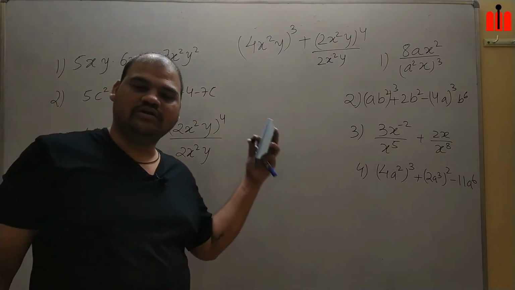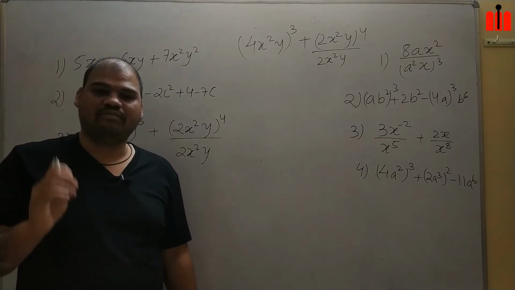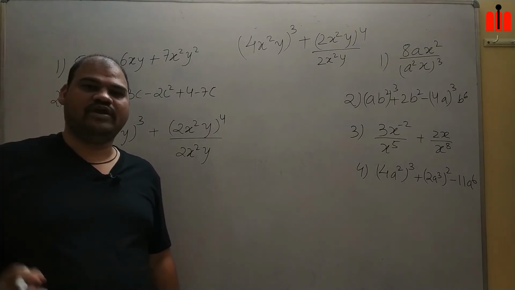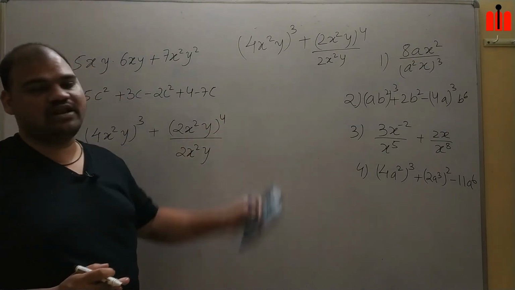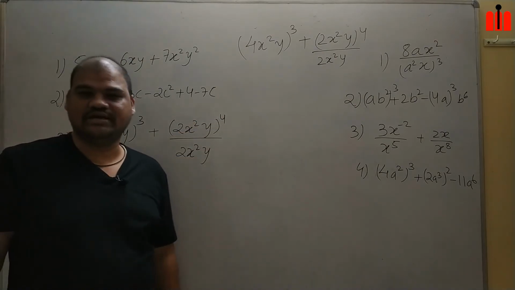Okay, so what does this problem check? This problem checks your formulas: a to the power of m into a to the power of n, a to the power of m whole to the power of n, and a to the power of m by a to the power of n. All those formulas it is checking.